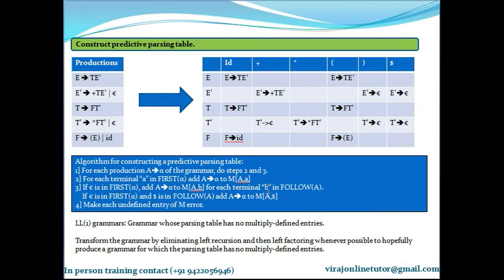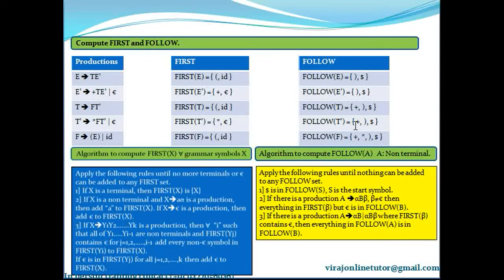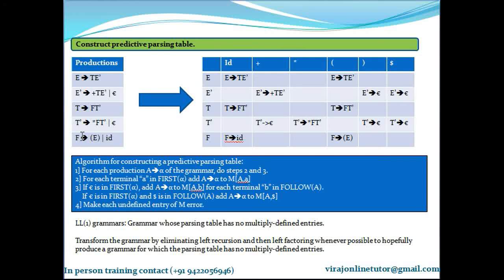What is follow of T dash? Follow of T dash is plus, close bracket and dollar. So place this production T dash gives epsilon at plus, close bracket and dollar. Simple. This production I have placed at plus, close bracket and dollar, the reason being plus, close bracket and dollar are in follow of left hand side.